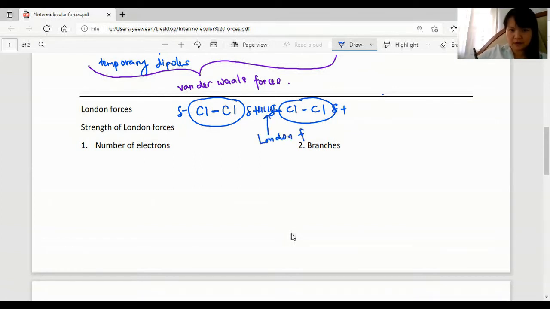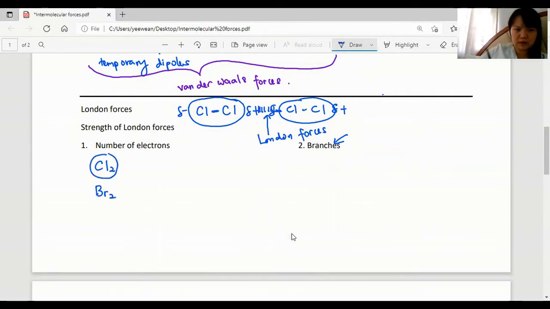The strength of London forces is affected by the number of electrons and also whether there are branches or not. This one I will use an organic compound to show that. For number of electrons, an example would be Cl2 compared with Br2.